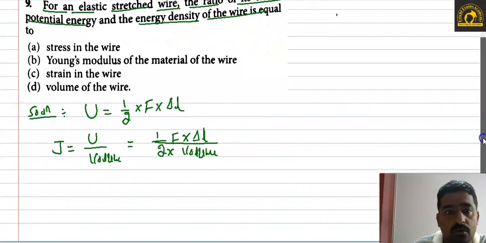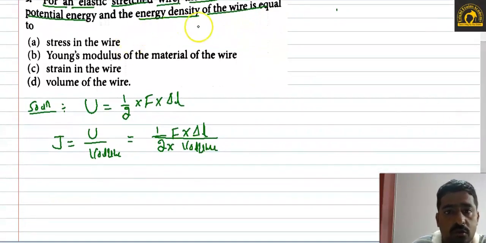Now the question is potential energy per energy density. So the ratio is, since force and extension are constant, the volume.